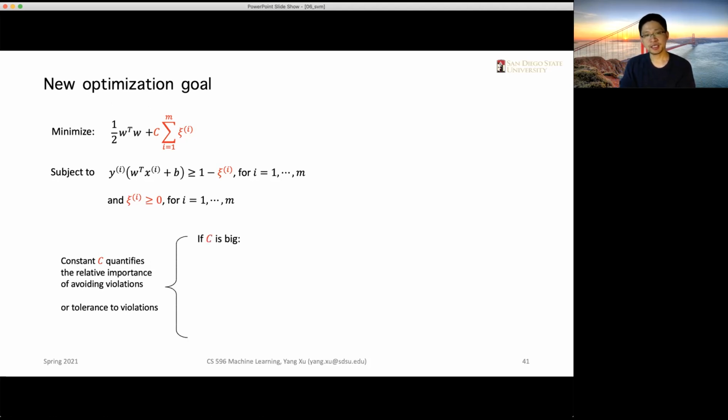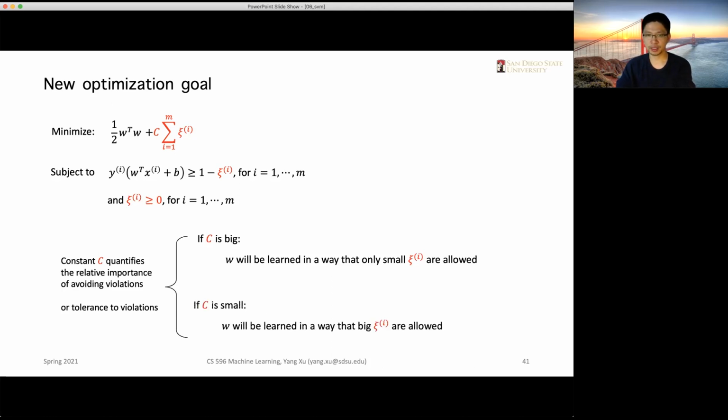In this term, the C is a hyperparameter that quantifies the importance of avoiding violations. If C is very big, then because the whole thing is being minimized, we want to learn only small psi. We want to only allow for small mistakes.